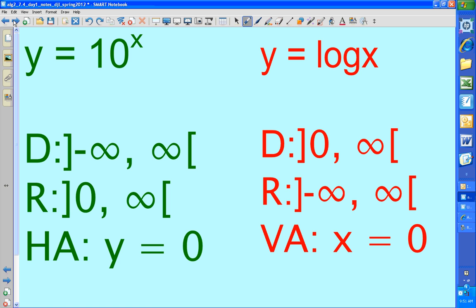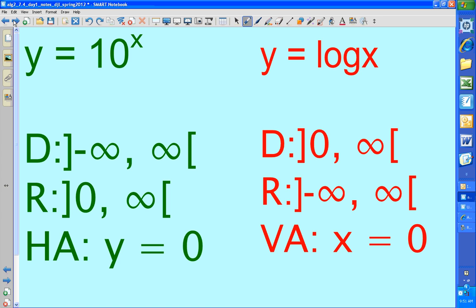When we find the inverse, the common log of x, this domain becomes the inverse's range, all reals. And this range, 0 on up to infinity, becomes the domain of the log function, greater than 0. The horizontal asymptote y equals 0 becomes the vertical asymptote x equals 0.